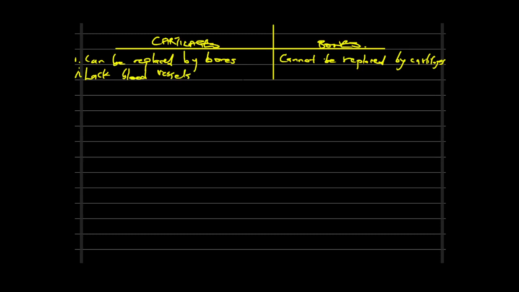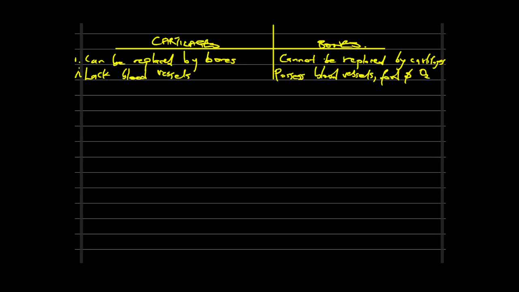They have blood vessels, food, as well as oxygen. So these are the major differences that we have between the cartilages and the bones.